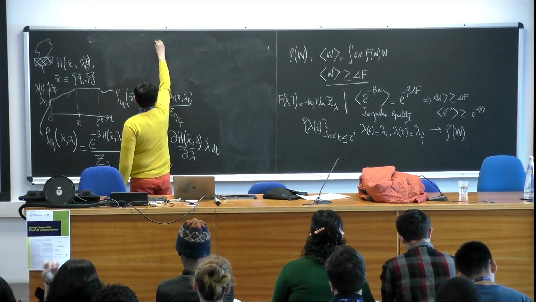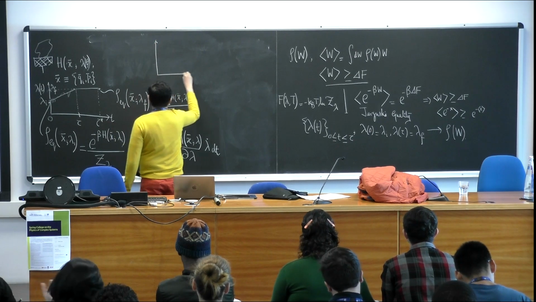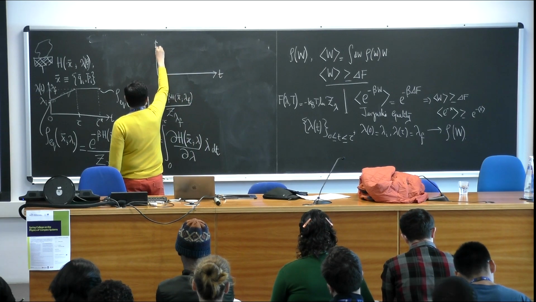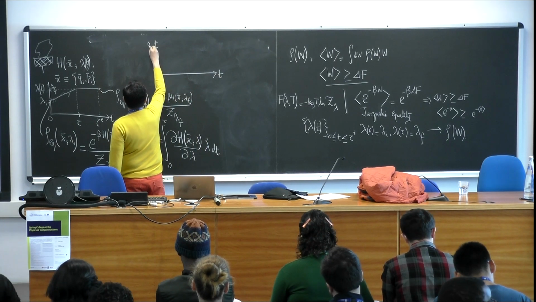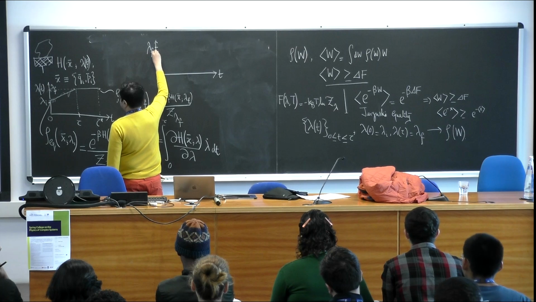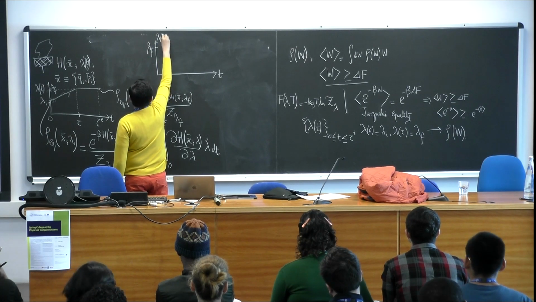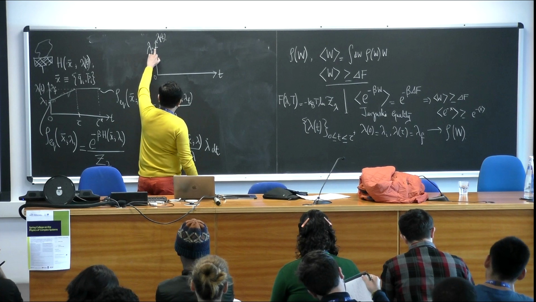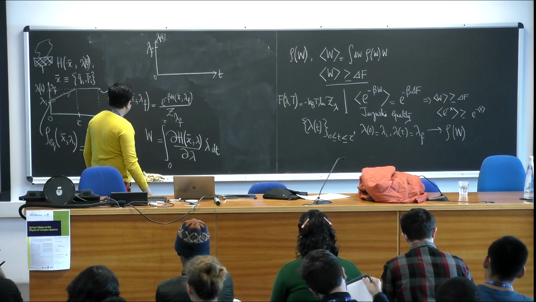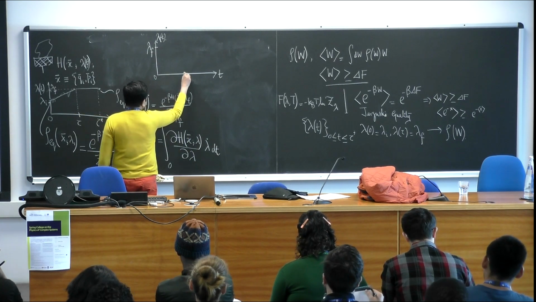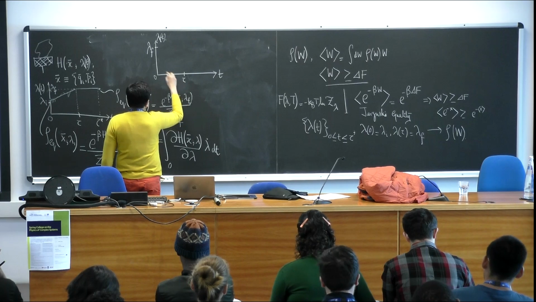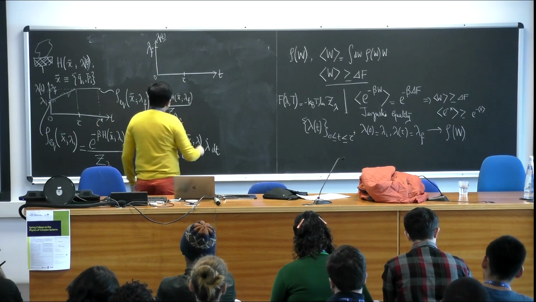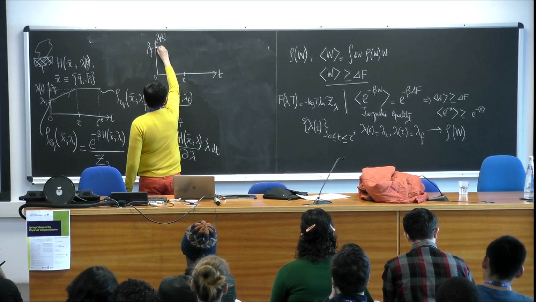I do another set of experiments in which, again, this is my time, and initially at time t equal to 0, I keep the system in equilibrium at lambda f, and then over the same time interval tau, I change lambda, but now in the reverse direction, that is according to the reverse protocol.